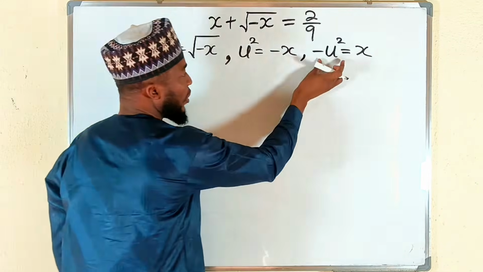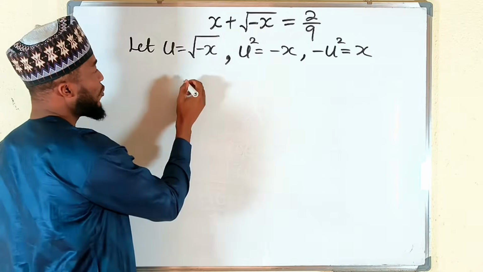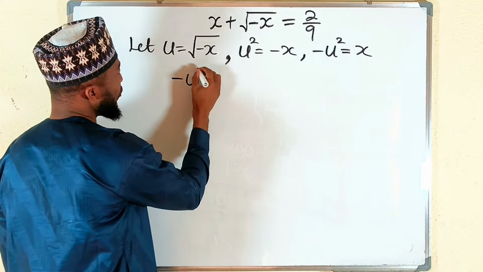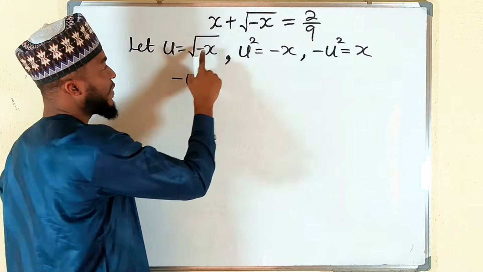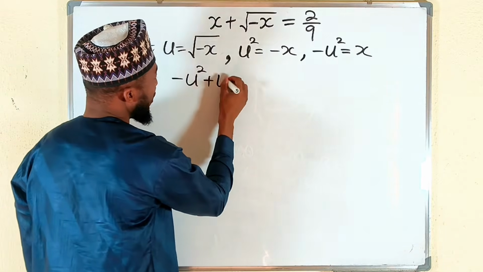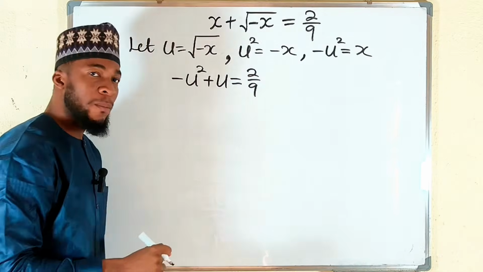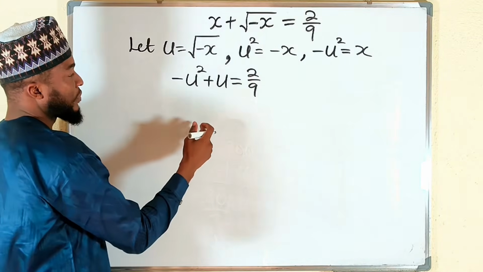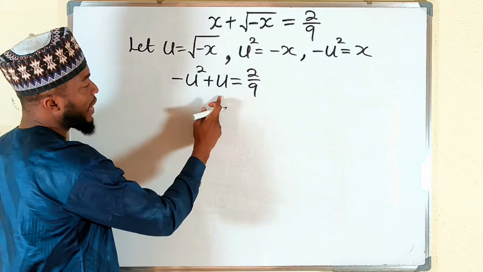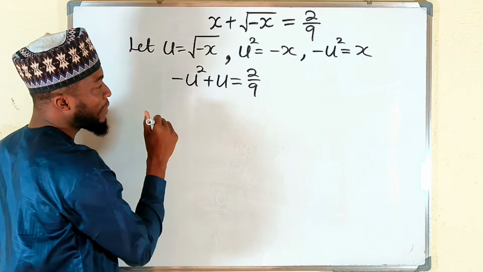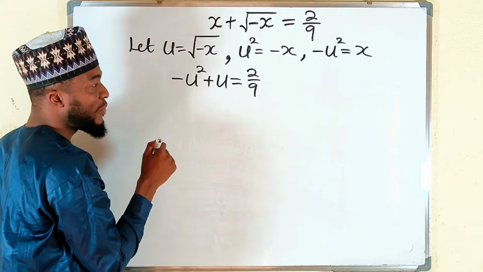So for x, we're going to replace it with minus u squared, plus the whole of this, remember, is u, and the right hand side is 2 over 9. Let's multiply every single term by minus 9 for a reason.